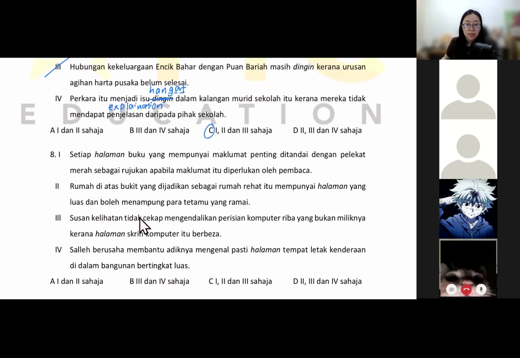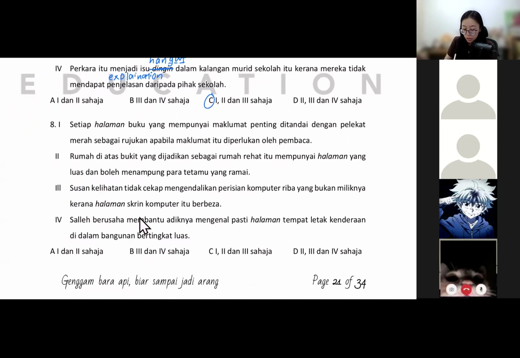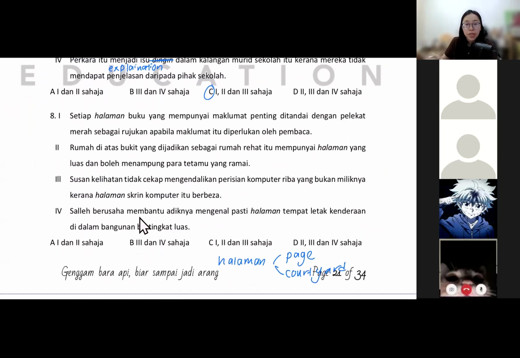Okay, number 8. They are testing about halaman. So halaman can be pages or it can be the courtyard. Now, first one. Setiap halaman buku yang mempunyai maklumat penting ditandai dengan pelekat merah, which is like the sticky notes, sebagai rujukan as a reference apabila maklumat itu diperlukan oleh pembaca.